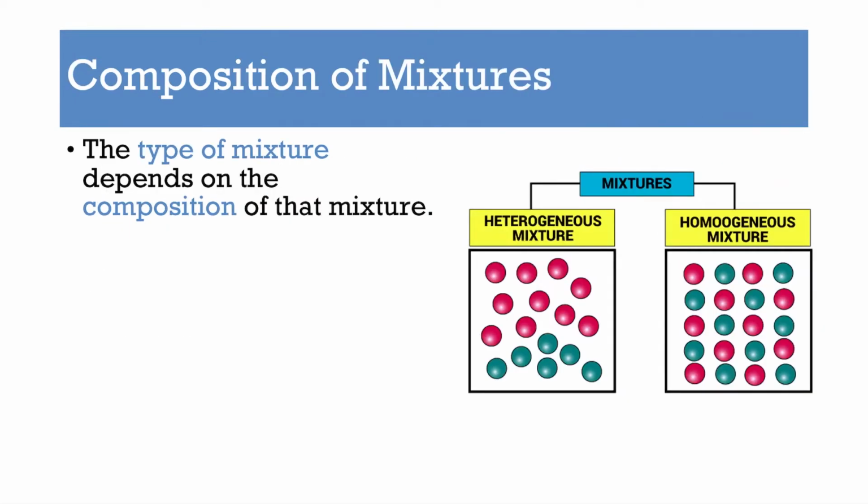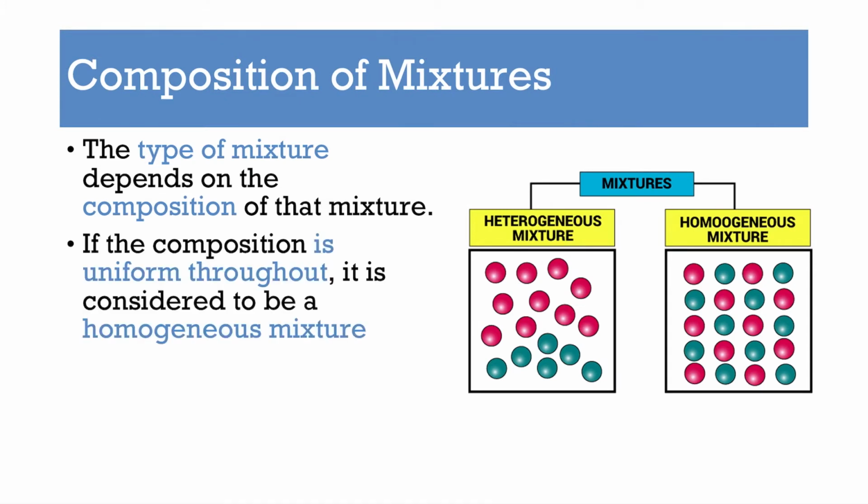Now, if we're talking about a mixture, there are two different types of mixture. And in order to tell what type of mixture it is, you have to look at the composition, or what makes up that mixture. And so if we say the composition is uniform, meaning it's the same throughout, so we can just write same/uniform throughout, we call it homogeneous.